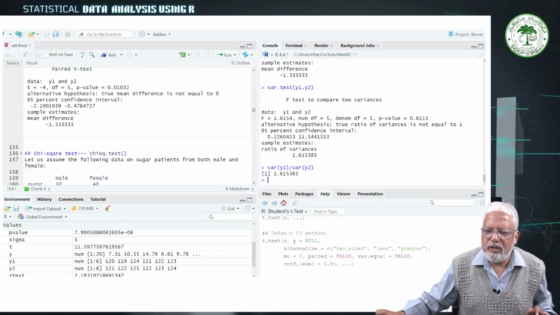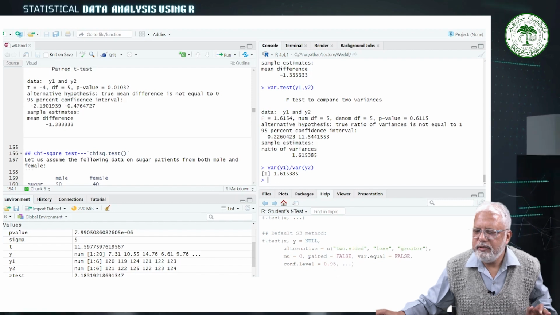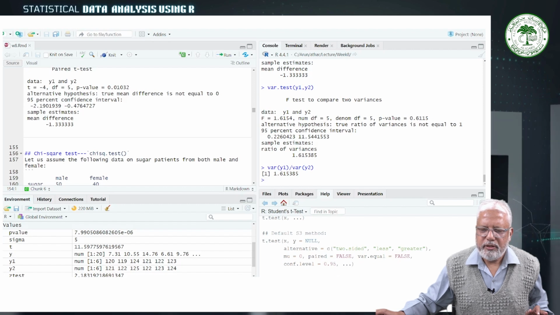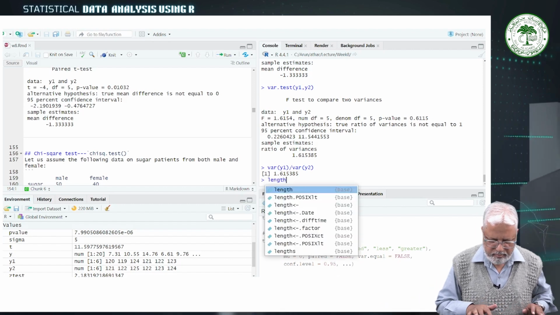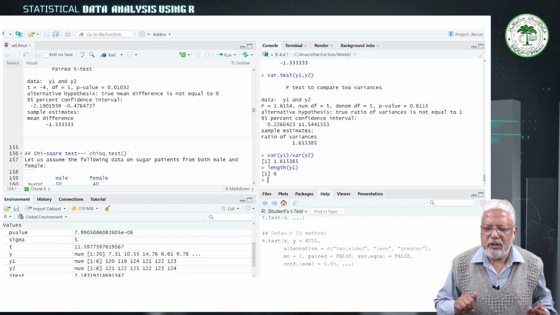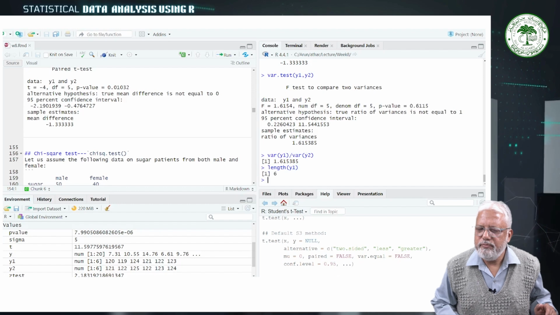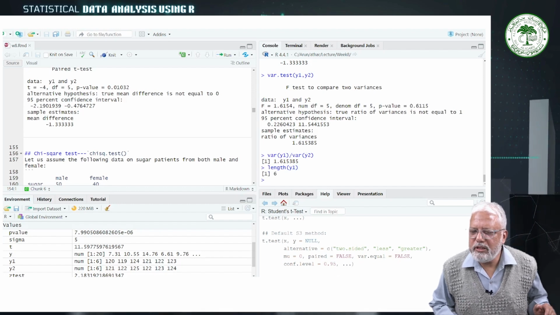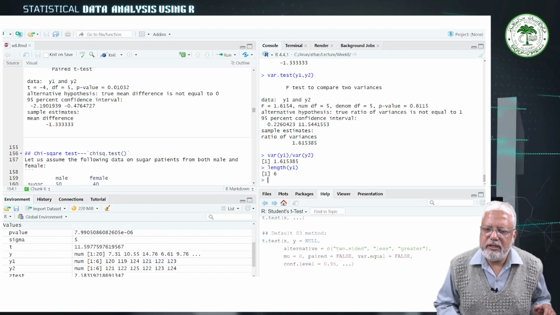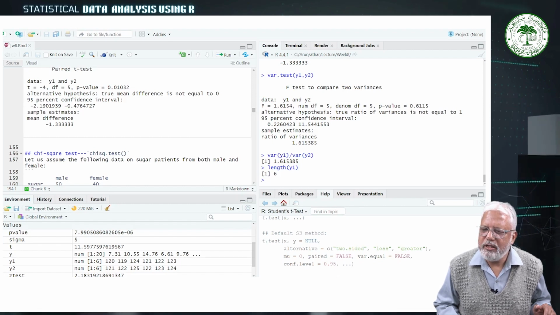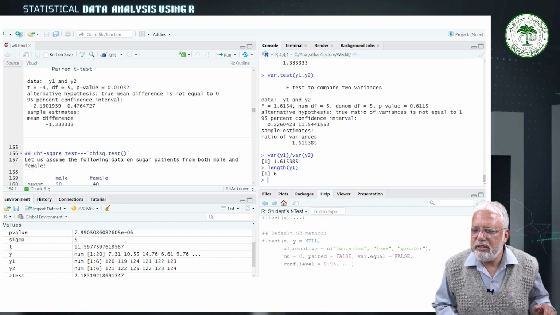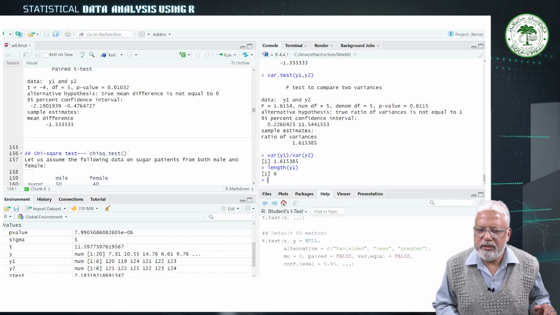And degree of freedom for numerator is 5 and degree of freedom for denominator is also 5, because the length of y1 is 6, so it is 6 minus 1, 5 degrees of freedom, and p value is 0.611. So, that means we are not rejecting sigma 1 square is equal to sigma 2 square. The alternative hypothesis, that the ratio of variances is not equal to 1, is not supported.